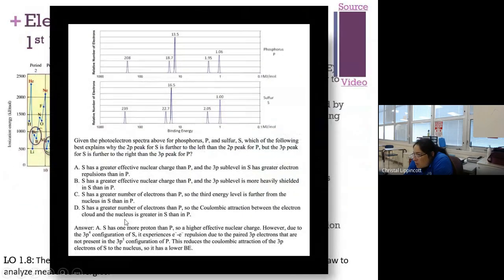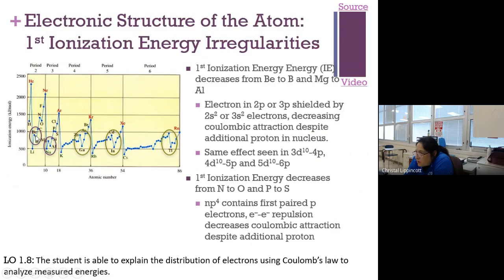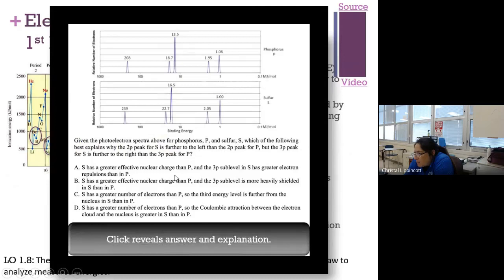Doesn't look like it did. Oh, there it is. A. I guess it did. So sulfur has one more proton than phosphorus. It has a higher effective nuclear charge. But due to the 3p4 configuration, remember it's going to kick back just a little bit. So if we go back here, we got that little bit of a kickback there where those electrons double up. That's why A is going to be the answer there.